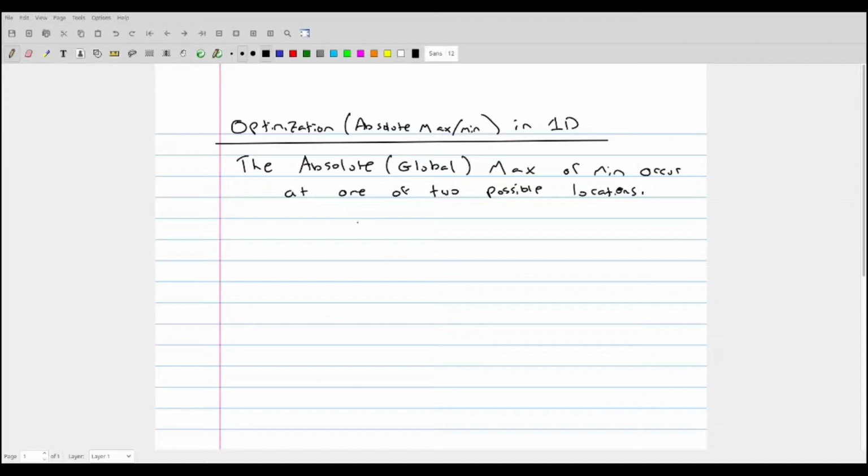And this is specifically at either A, an interior critical point of the function, interior to the domain under consideration, or B, on the boundary of the domain.